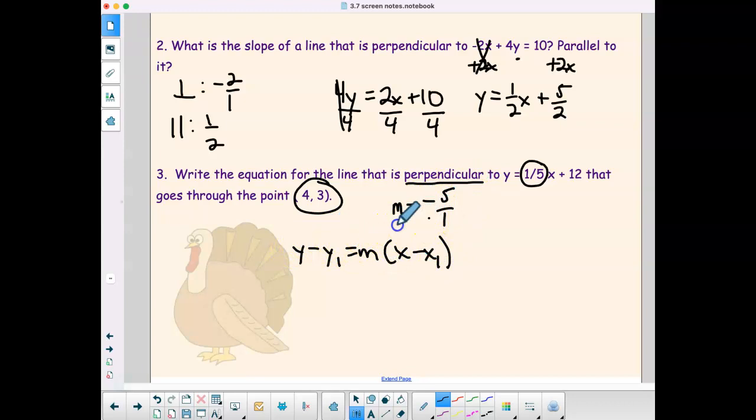We will simply put the negative 5 over 1 in for our slope, the 4 in for our x1 and the 3 in for our y1. So it'll be y minus 3 equals negative 5 over 1, you can leave it as a fraction or not, times x minus 4. And it's okay to leave it like that. That's an appropriate way to leave your equation. Okay. So that is the lesson on equations of parallel and perpendicular lines.